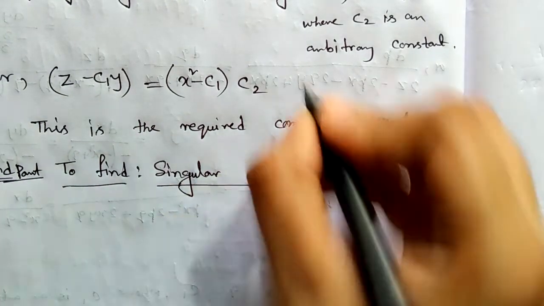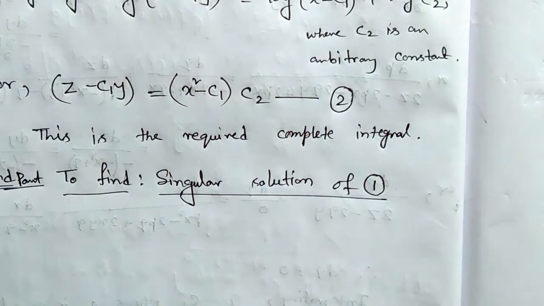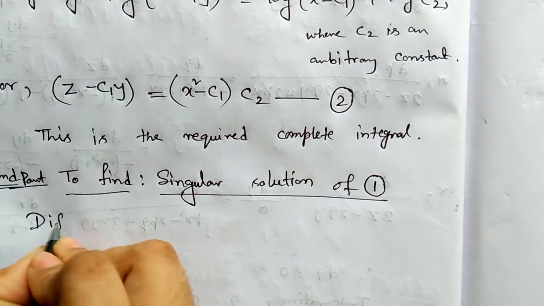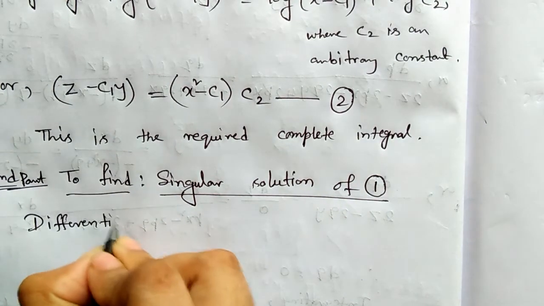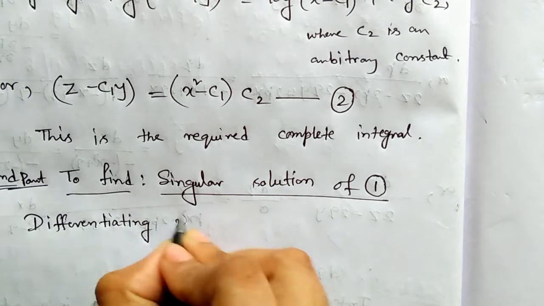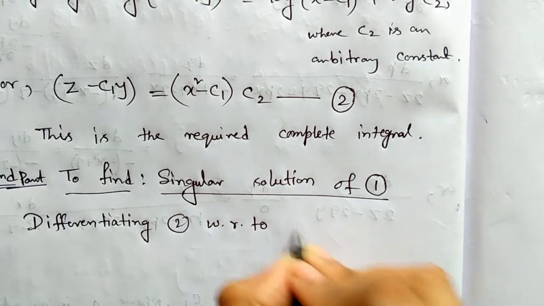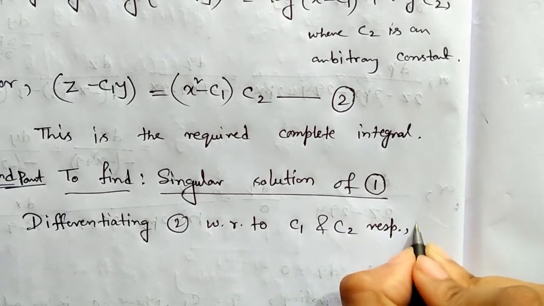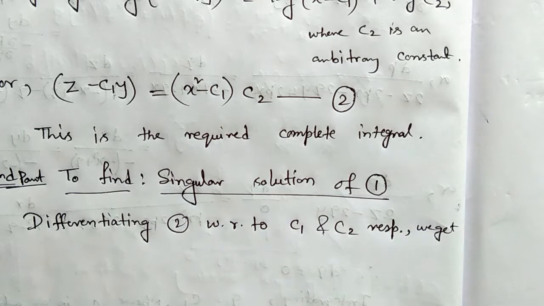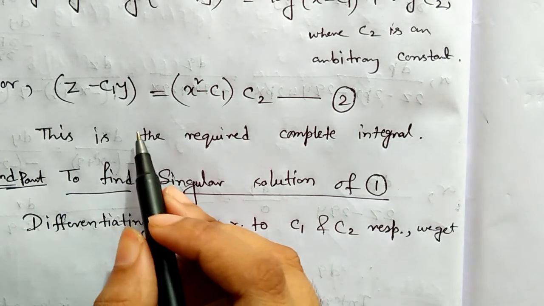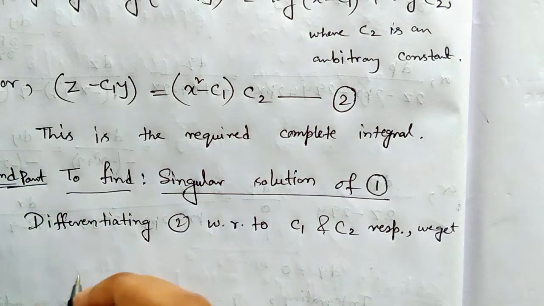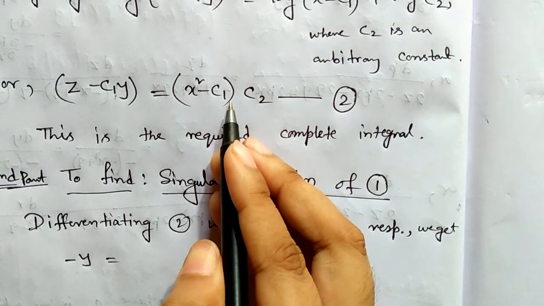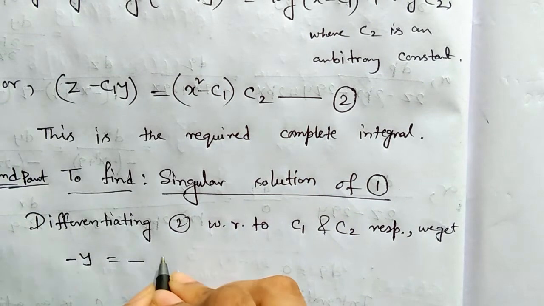Numbering it as 2, then differentiating 2 with respect to c1 and c2 respectively, we get, first c1: this is minus y equal to the right hand side, that will be minus c2.